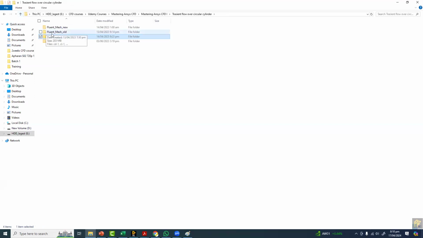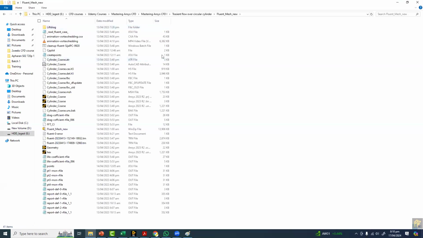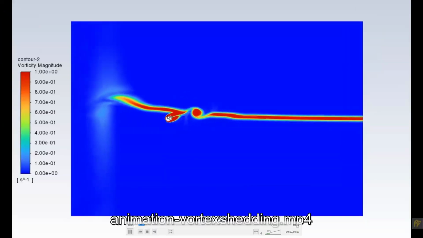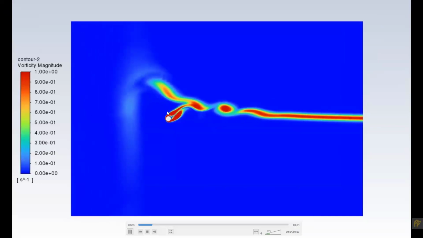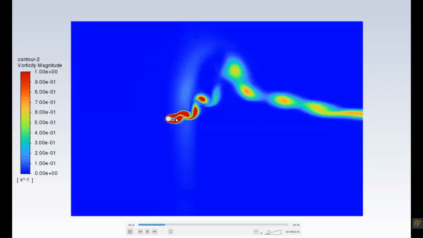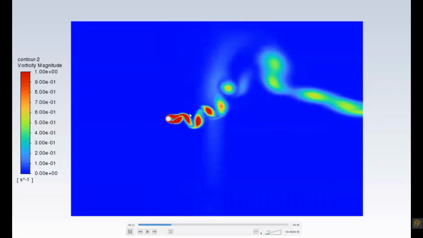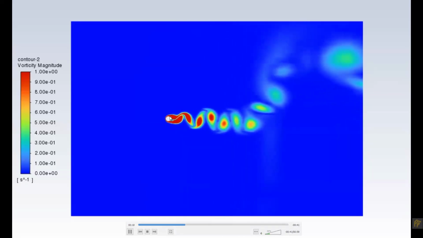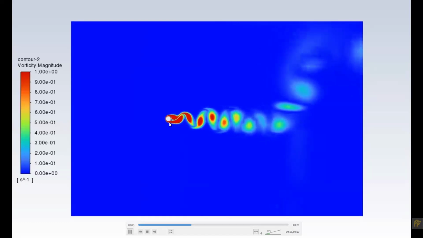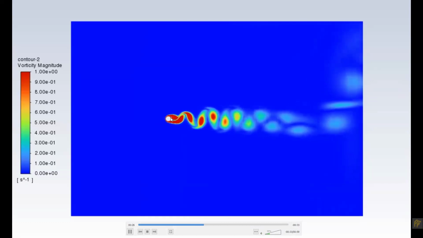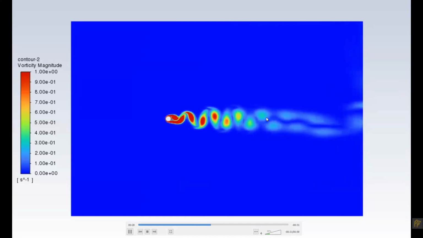So let me show you some videos. Here you can see that the flow was initialized in a very different way, so that the solution can converge to the vortex shedding very quickly. You can see that we have two pairs of vortices. One is separating from top and one is separating from bottom alternately. So you can see that one vortex will hit on the top and this will get separated. So you will see the vortex street going through the whole domain.